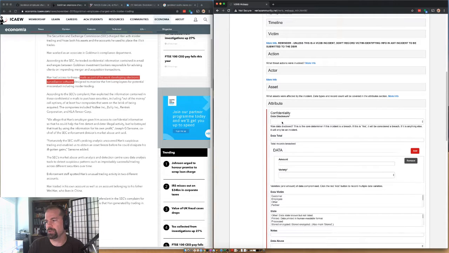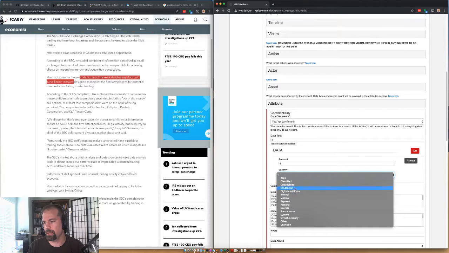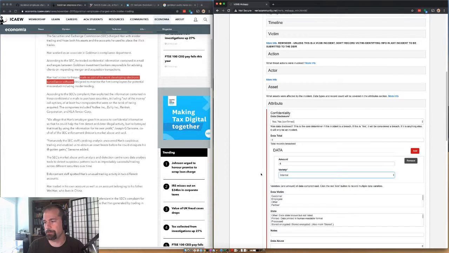He breached the confidentiality. There was data disclosed. And the total, we don't know. The companies included 1, 2, 3, at least 4 companies. So we'll say 4 pieces of information. Amount for variety, internal information.